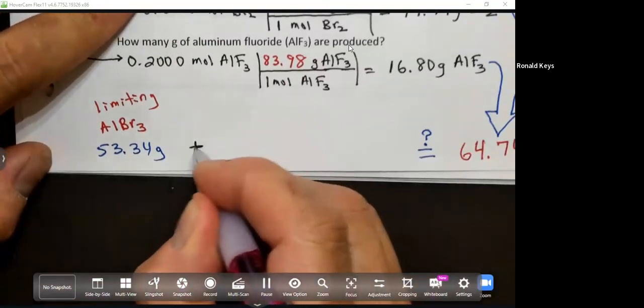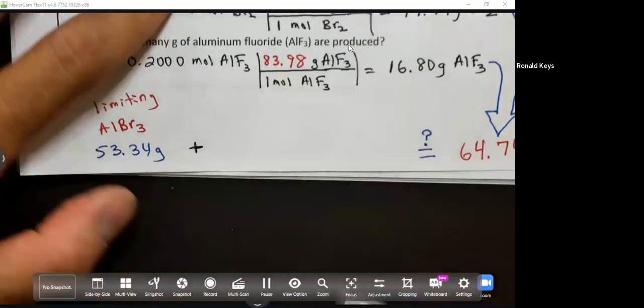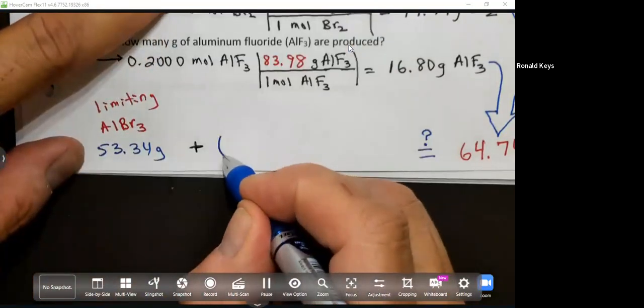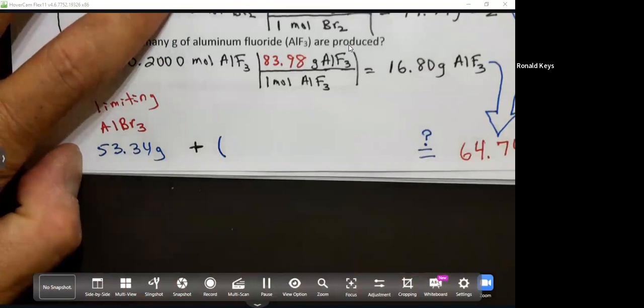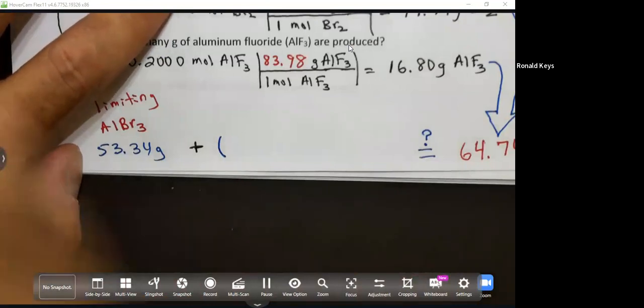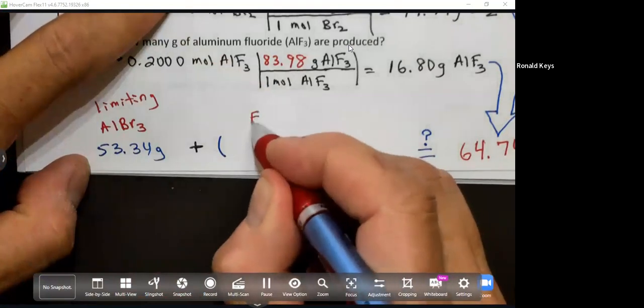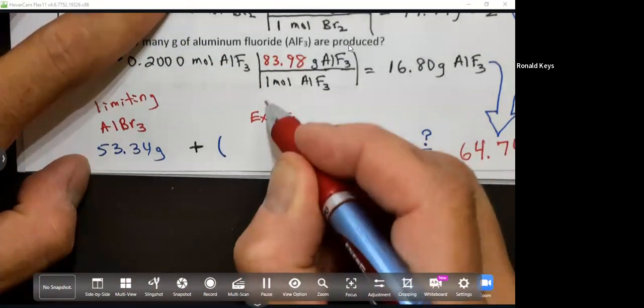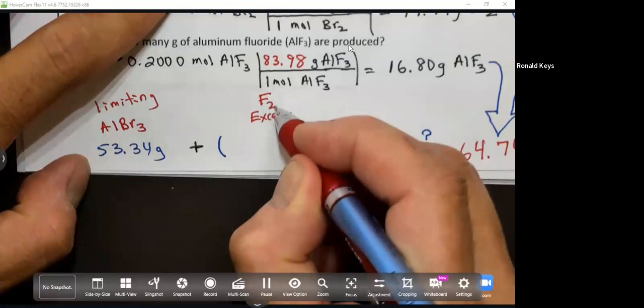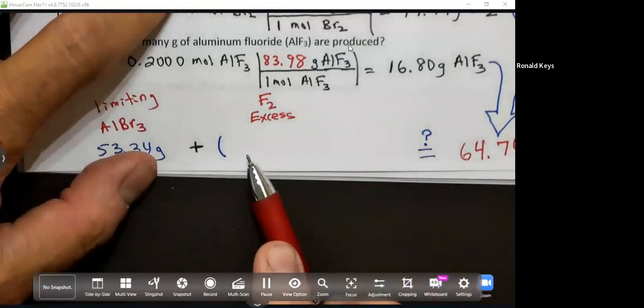Plus, how many grams? Let's talk about my fluorine. My excess fluorine. How many grams did I start with?